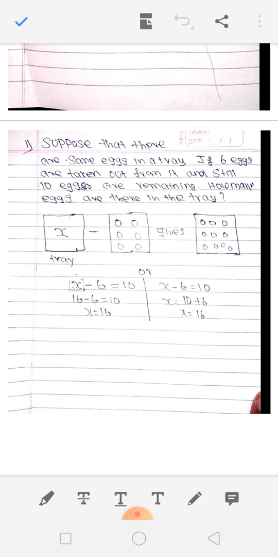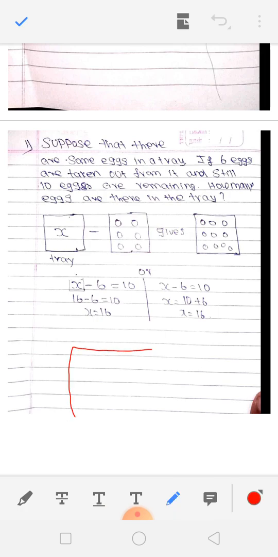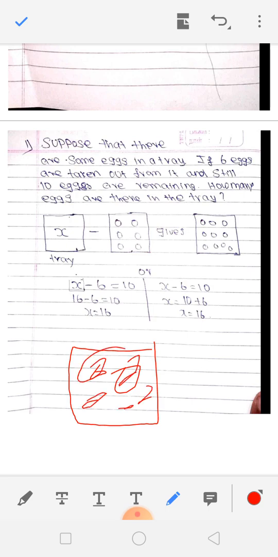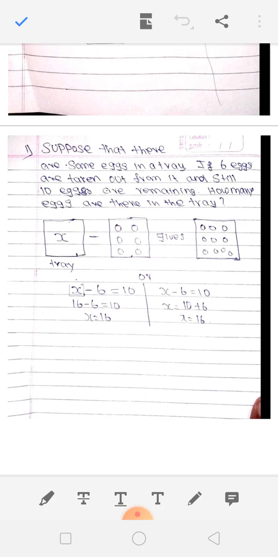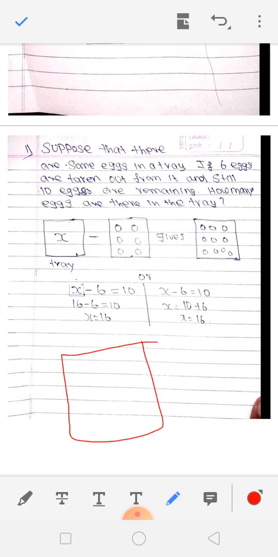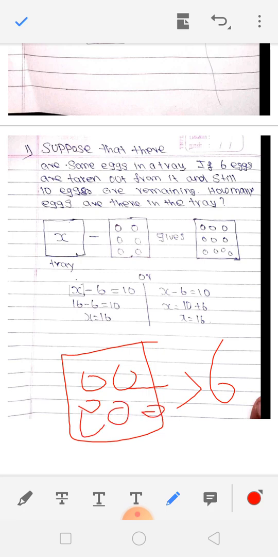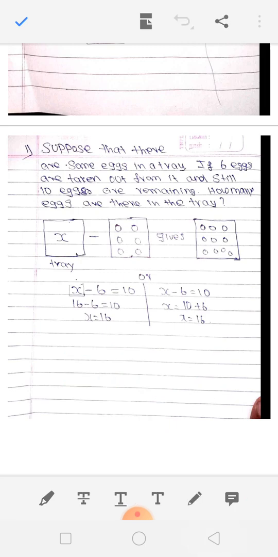In that one tray, there are some eggs. I just take 6 eggs from this tray, and the remaining 10 eggs are in the tray. So totally how many eggs? 16 eggs.